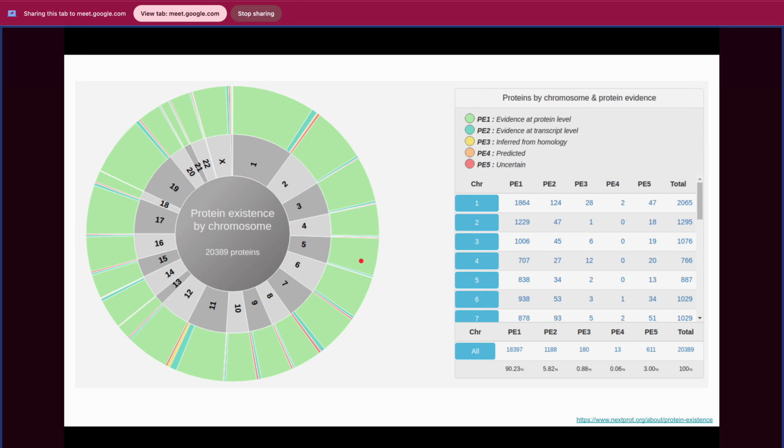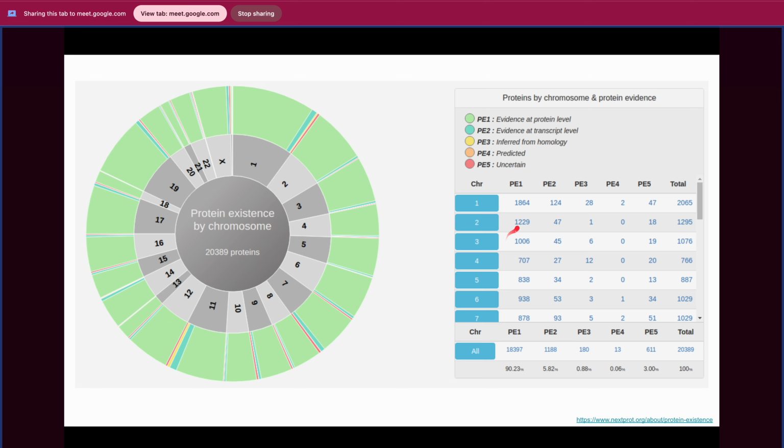If you scroll down, NextProt provides the protein existence by chromosome. These colors represent at what level protein evidence is available. Light green represents evidence at the protein level, PE2 represents evidence at the transcript level, PE3 represents inferred from homology, PE4 is predicted, and PE5 is uncertain.